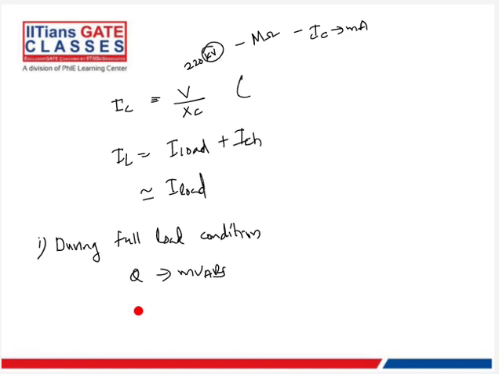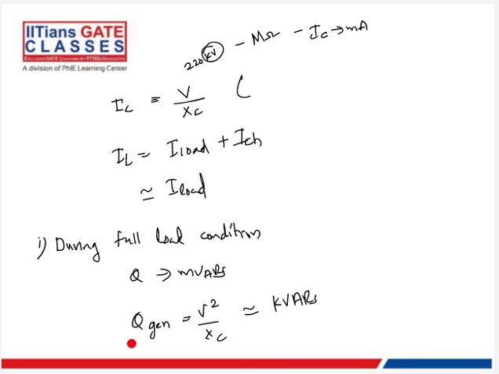So Q generation also will be in terms of V square by XC, which will be approximately in terms of VARs. So we are talking about the Q generation of the transmission line.